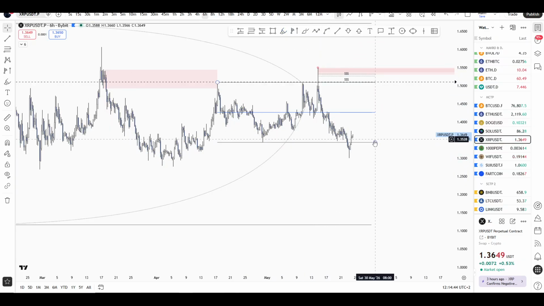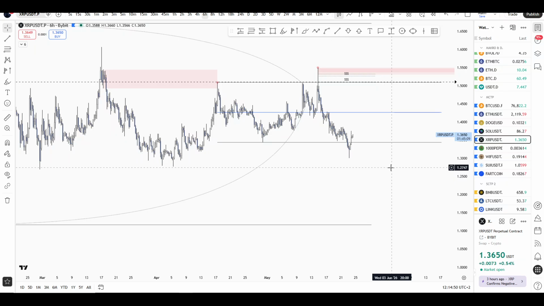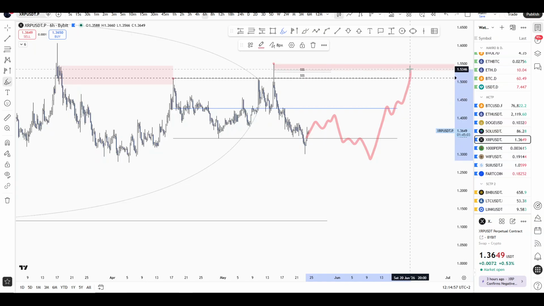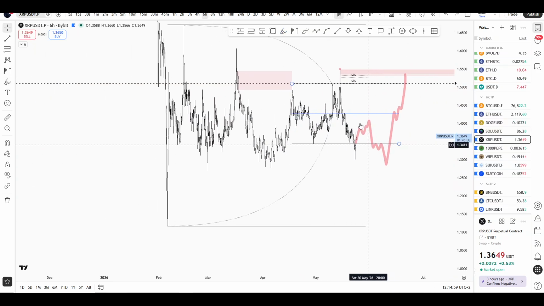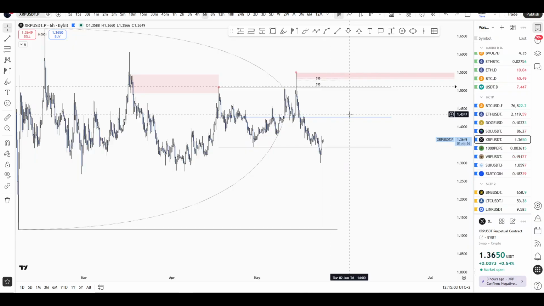I would not look at this immediately from a distribution to accumulation, but we have to see if this transitions into something, get the push up, and maybe we can look at a new range. But it's still early. I don't like to look at ranges from a distribution into accumulation or vice versa.